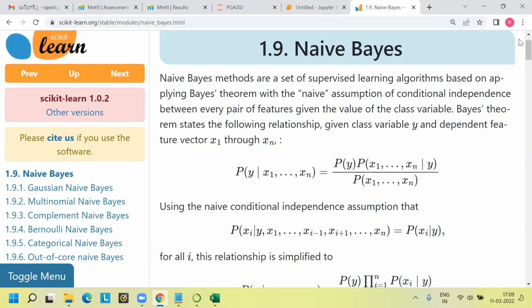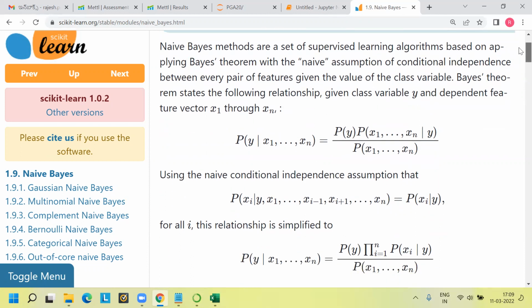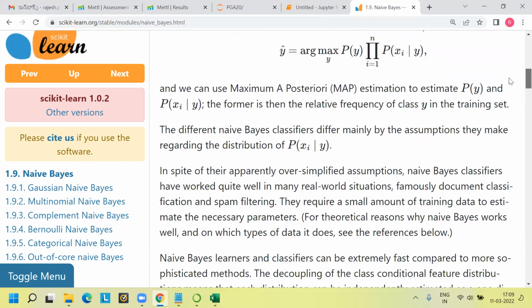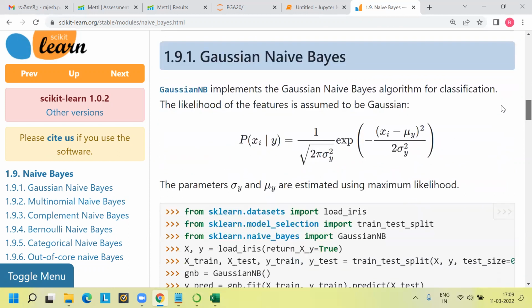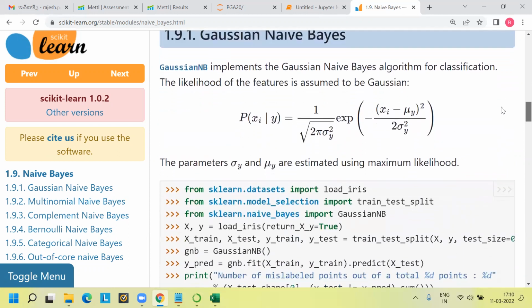Multinomial: our dependent variable in vaccine prediction is binary or multinomial? So we can't use multinomial naive Bayes. You can read it. See here. Gaussian naive Bayes for classification, the likelihood of which is assumed to be Gaussian. Now in our vaccine prediction, are our independent variables normally distributed?